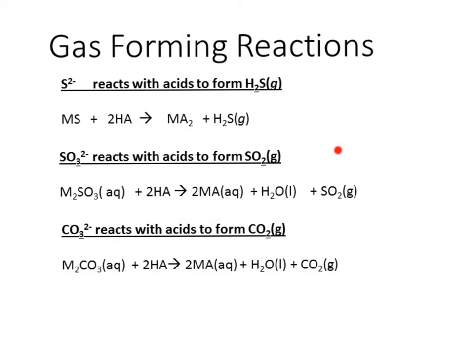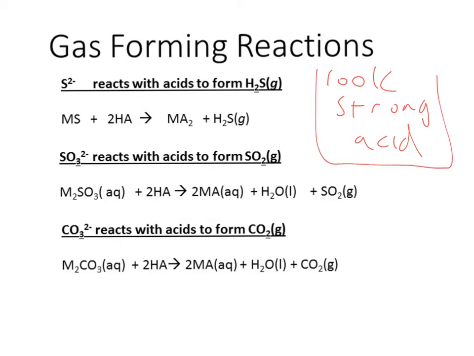So as we go through each one of these three reaction types, the clues you want to look for when you're working your homework is look for a strong acid, and you should know those. You were introduced to those in the electrolyte lecture, so you should look for a strong acid.